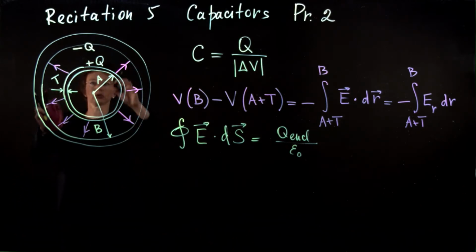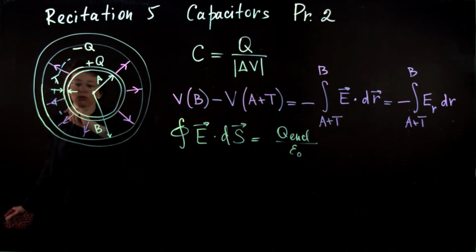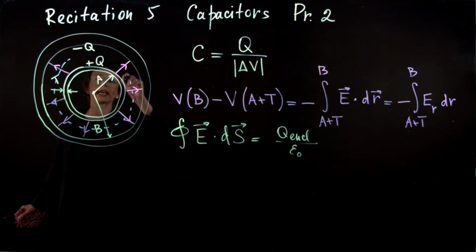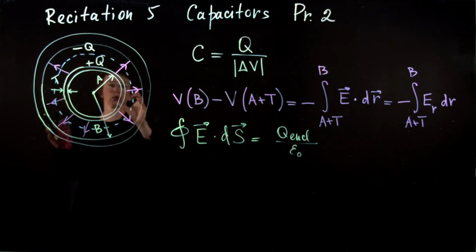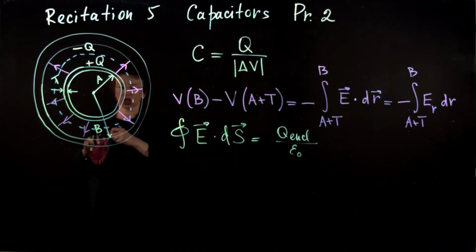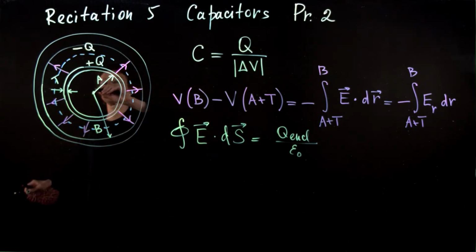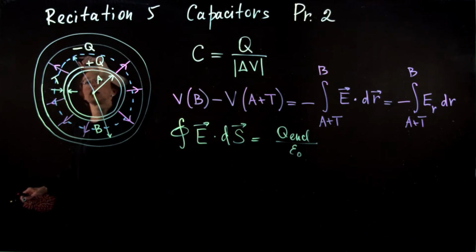Obviously, we will use symmetry, and our Gaussian surface will be a sphere that we put somewhere between the inner and outer shells. So what will be the flux of the electric field out of my Gaussian surface that has arbitrary radius r?